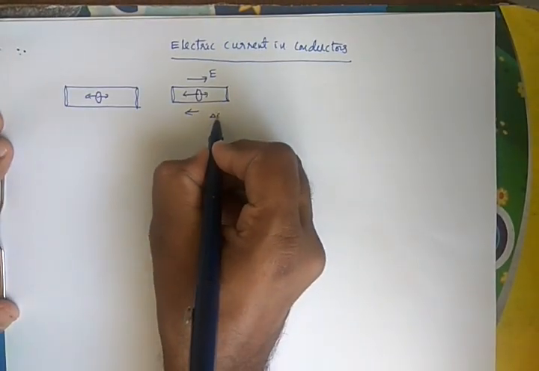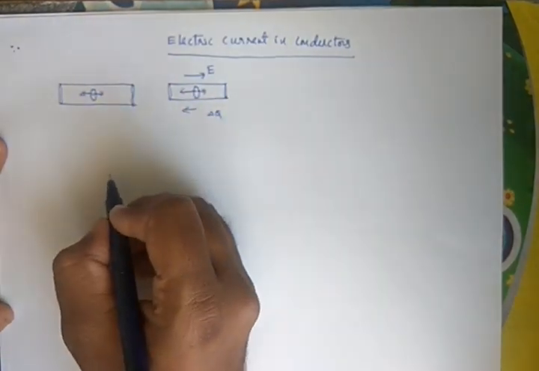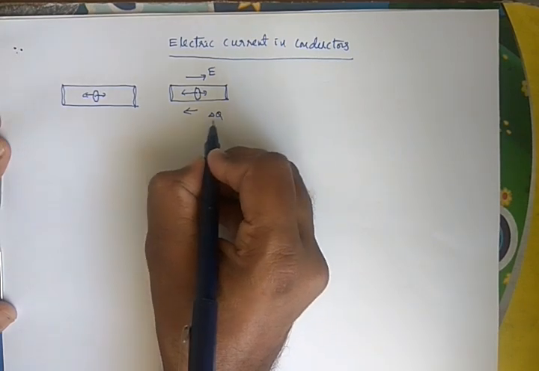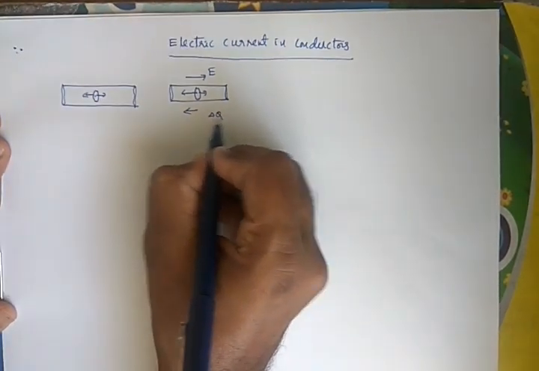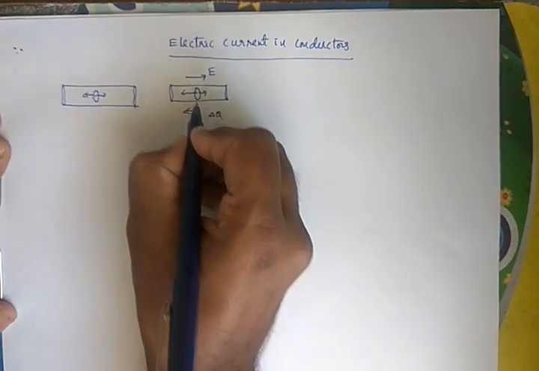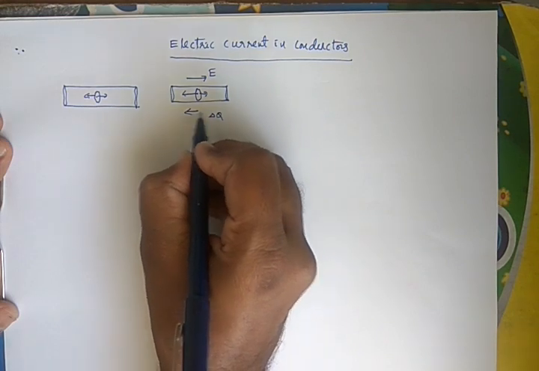Let's say delta Q is the net charge flowing through this area in this direction in delta t time. Then you can write current as the rate of flow of charge.